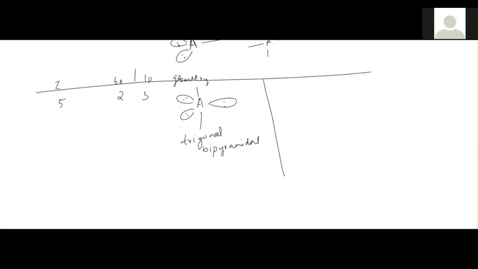Coming to hybridization, it will be sp3d, because the Z value is 5.